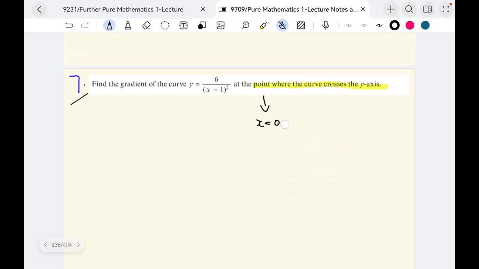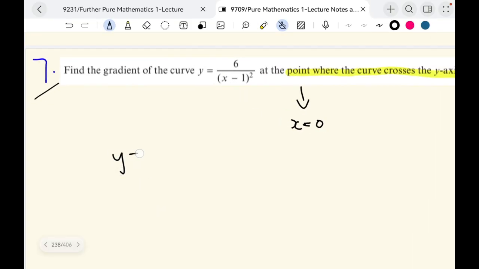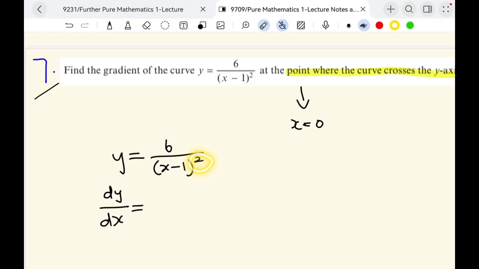So, I want to get the gradient of the curve at the fixed point. The point refers to the point we mentioned over here. Write out the equation and differentiate it once. So the dy/dx of this is the power negative 2 multiplied by 6, which is negative 12. We have to use the chain rule because we are considering the inside function.